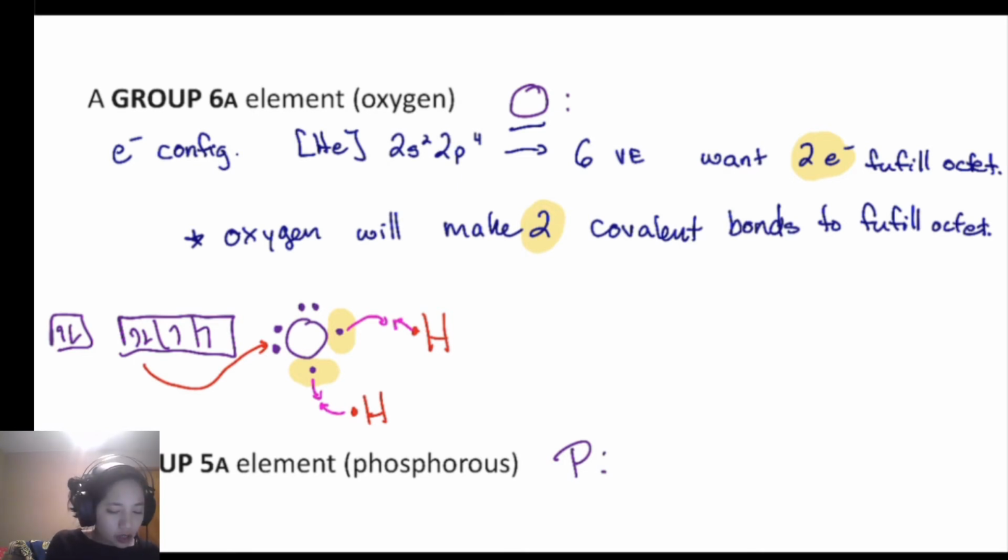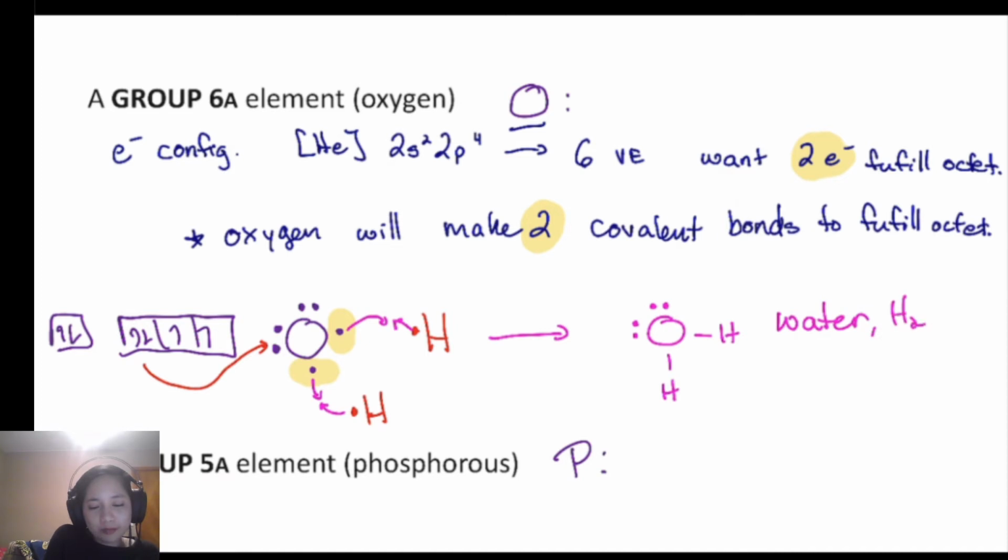All right, and if you want to draw the whole Lewis structure, it will look like this. And then there are 2 lone pairs right there on oxygen. So don't forget those lone pairs, the ones that aren't involved in bonding. All right, and so what is this? This is water. This is H2O.